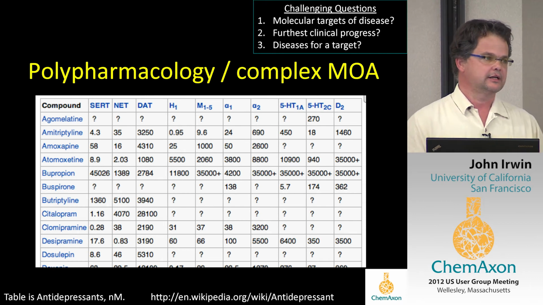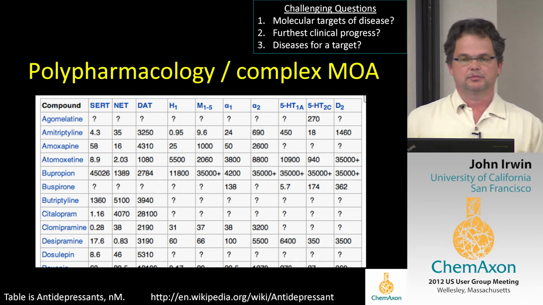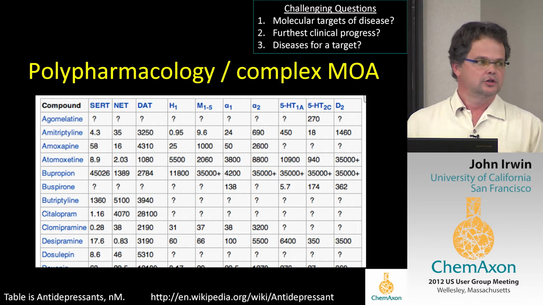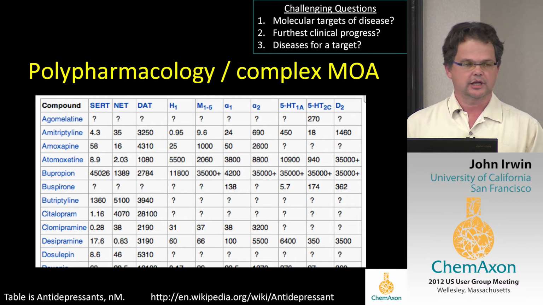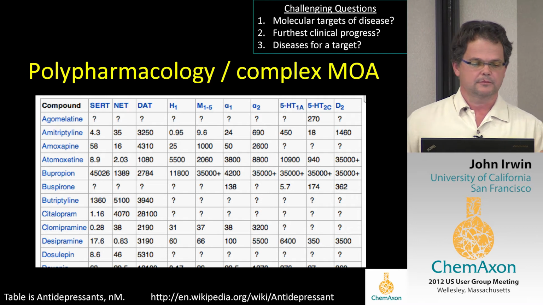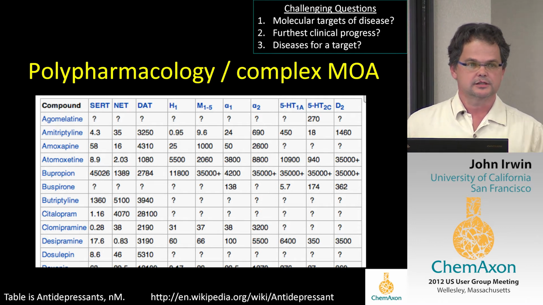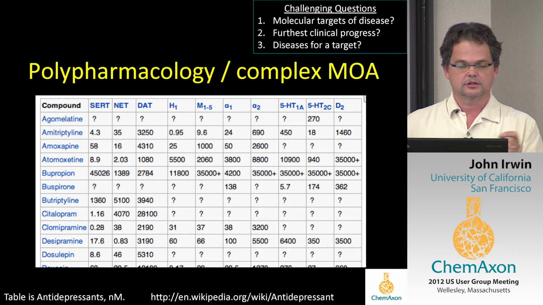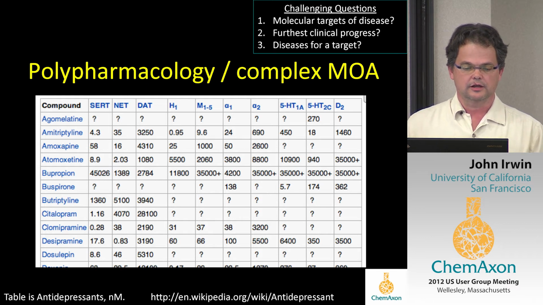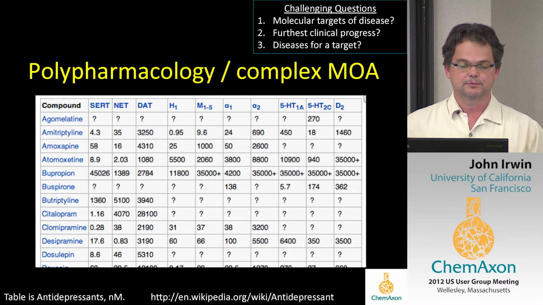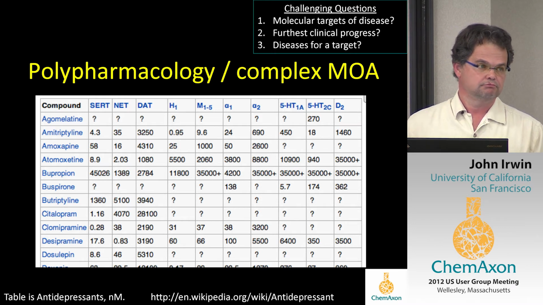Another problem, and I sort of alluded to this earlier, is the problem of exactly how drugs are working. Here I'm showing you a table that I took from Wikipedia. On the vertical axis are a number of antidepressants, and on the horizontal axis going across are the affinities for these receptors, most of them GPCRs or transporters, in nanomolar units.